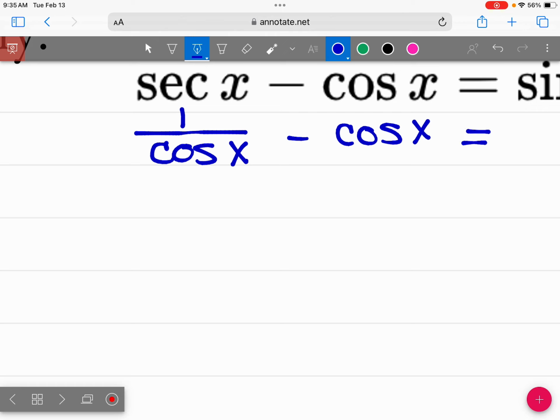And what can I do with those? In order to subtract them together, what do they need to have? Common denominators. So what do I need to multiply this right hand by? Cosine over cosine.